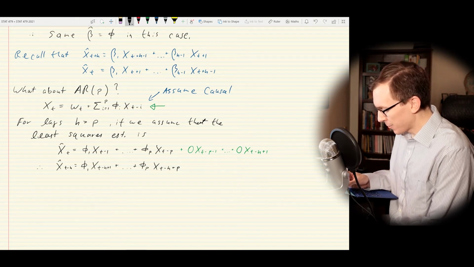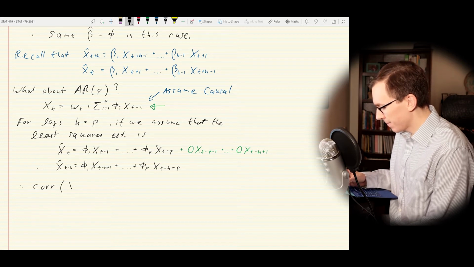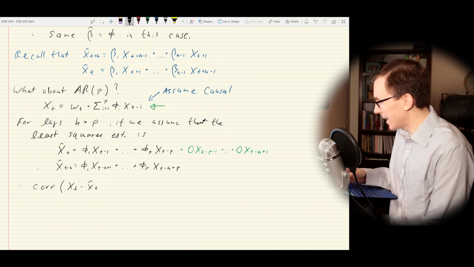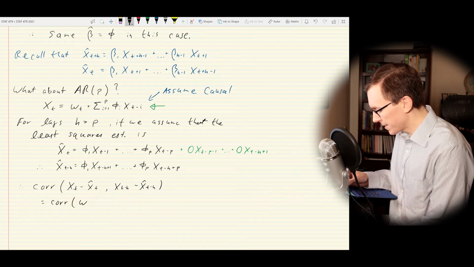Therefore, when we compute the correlation between x_t minus x hat t, and x_{t-h} minus x hat_{t-h}, what I get is simply the correlation between white noise at time t and this whole thing.